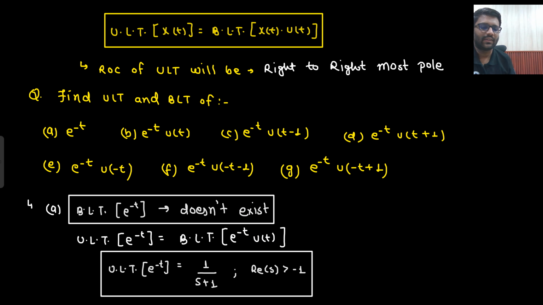What about the second one, part B? You need to find the bilateral Laplace transform of e^(-t)u(t). What is that? 1/(s+1) with the real part of s greater than -1. And what will be the unilateral Laplace transform of e^(-t)u(t)?